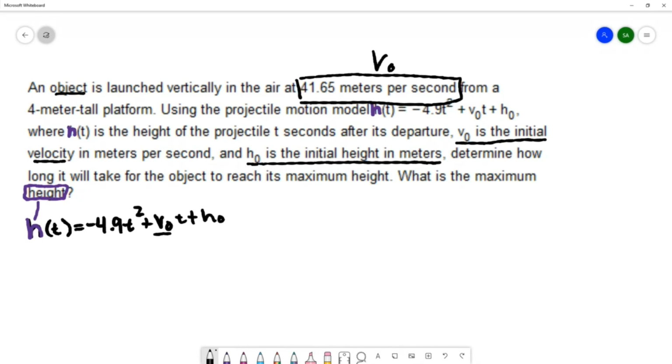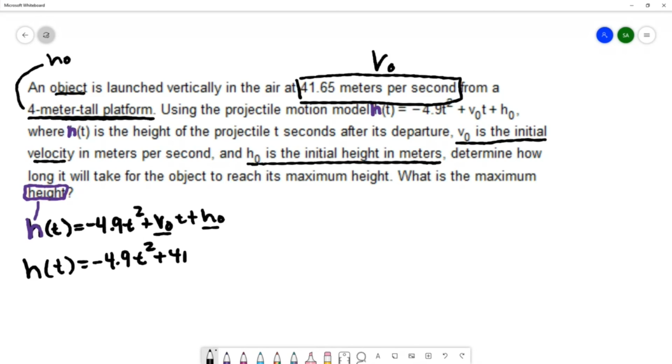And this object is launched from this 4-meter tall platform. So this is the value of h naught. So we're going to substitute those values into this formula to make it a complete equation. It's negative 4.9 t squared plus 41.65 t plus 4. So this function is going to give us the height of the object at every moment in time.